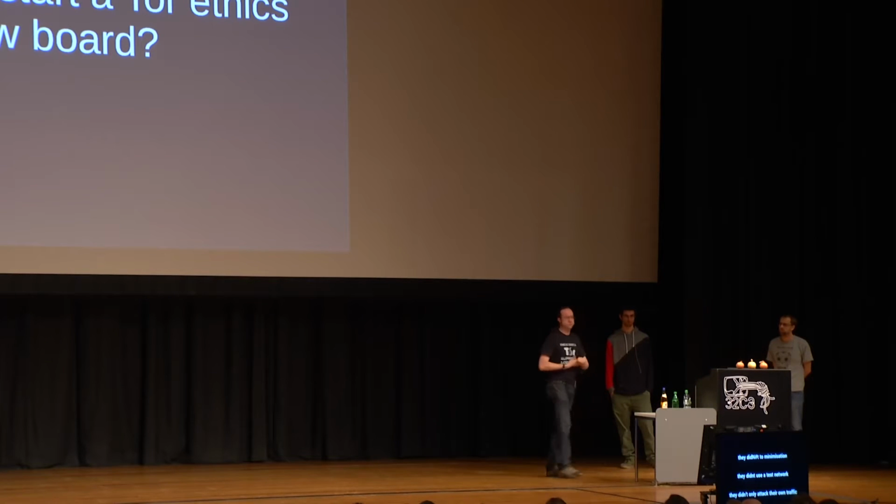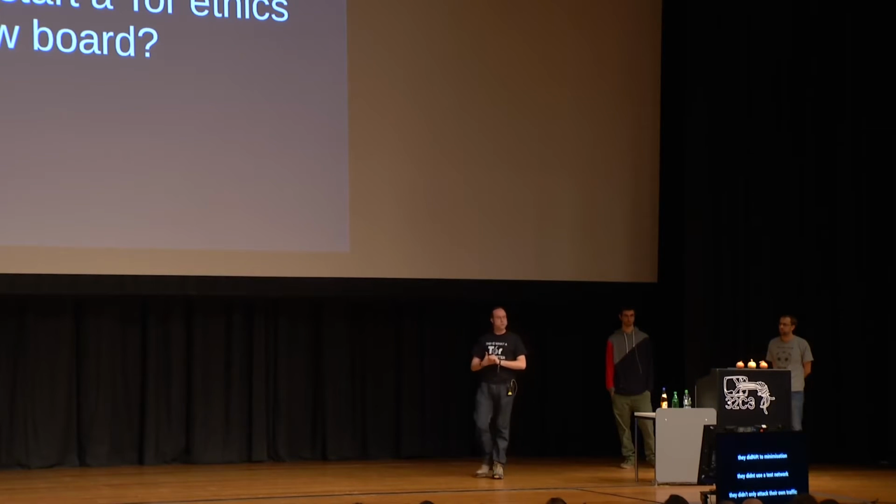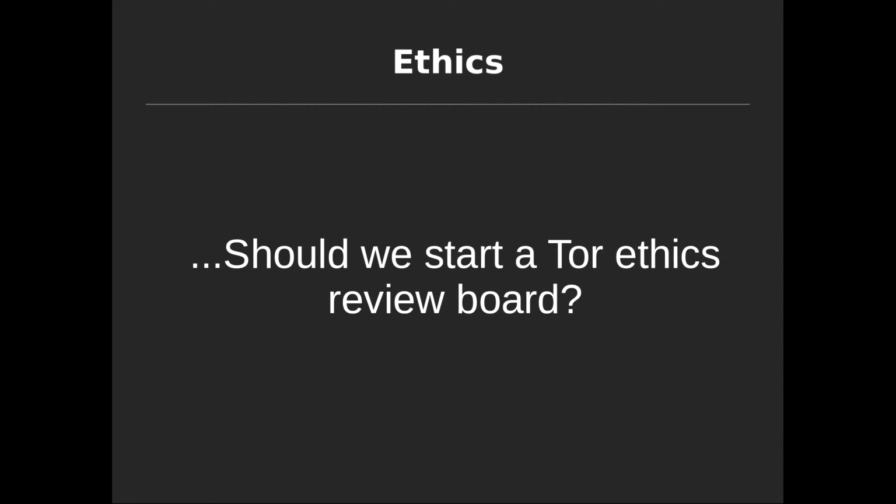And that leads to the next question. Should we have some sort of Tor ethics review board? Wouldn't it be cool if, as a researcher, you write up what you're trying to learn and why it's safe and how you're going to do it, and you show that to other professors who help you decide whether you're right, and then we go to the academic review journals and conferences, and we get them to expect in your research paper a little section on why this is responsible research.